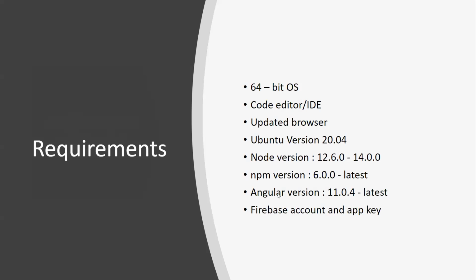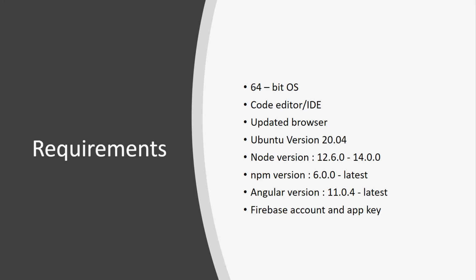The requirements to install the code or use it on your system are: you need a 64-bit operating system, on Windows, or mostly we prefer updated Ubuntu or Linux. You need to have an updated browser and a code editor IDE. We prefer VS Code. We work on the Node engine, so we prefer version 12 to 14 of Node.